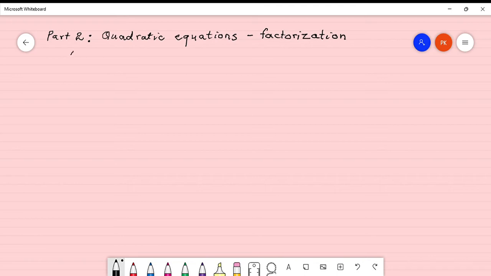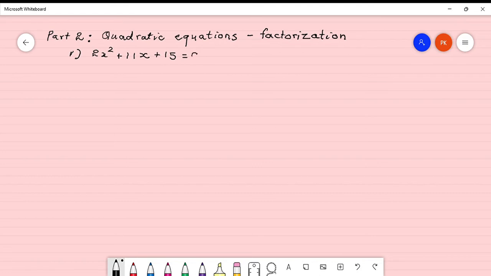So take the first problem here, 2x square plus 11x plus 15 equal to 0.